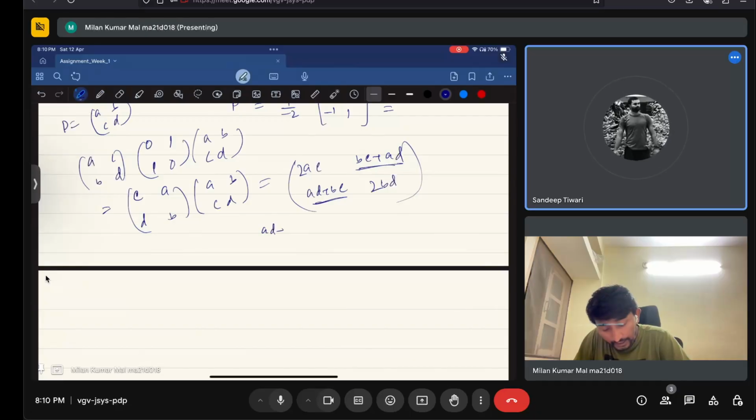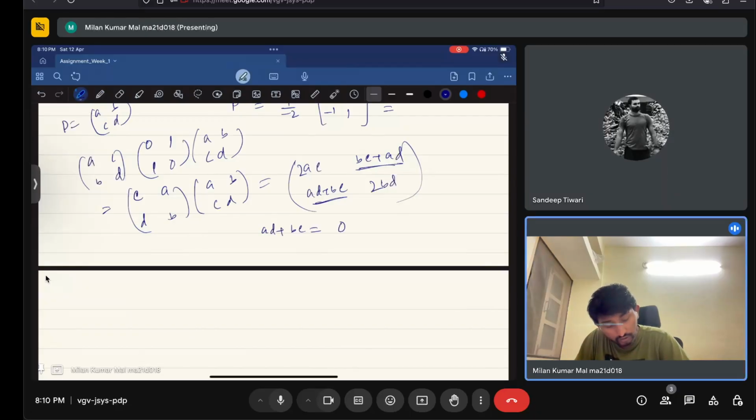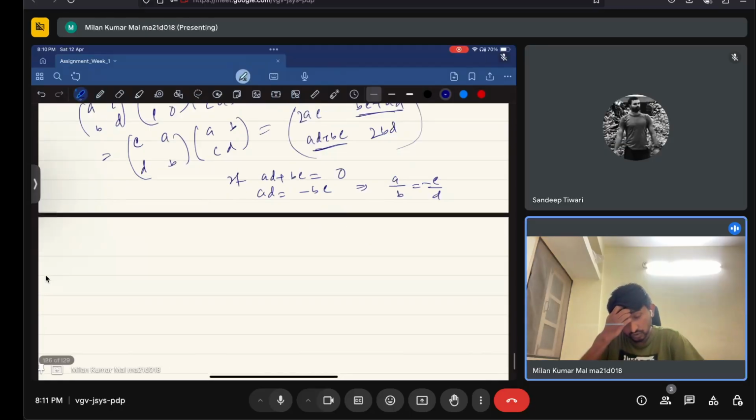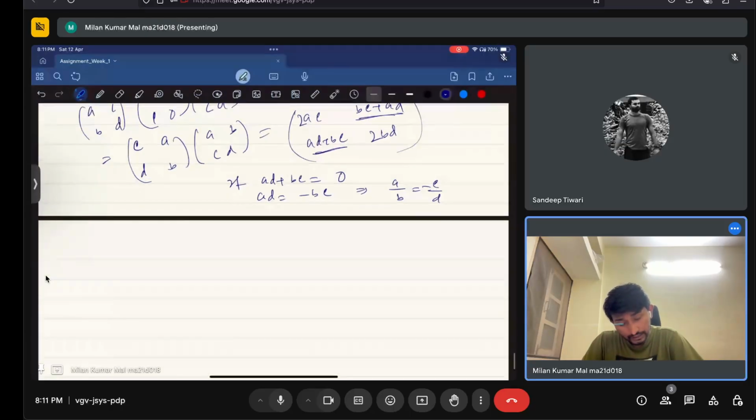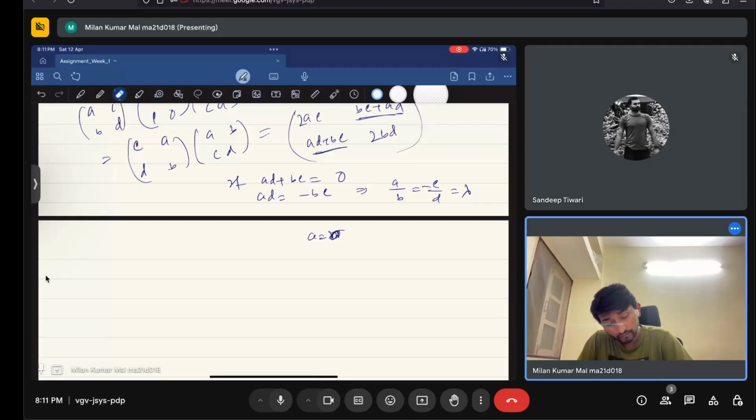If AC equals BD equals 0... if AC equals minus BD, then we get A by B equals C by minus D. If I take it as lambda, then A equals B lambda, C equals minus D lambda.